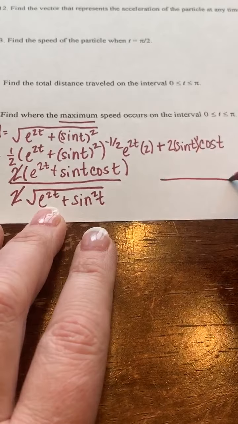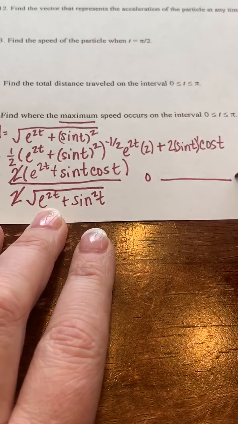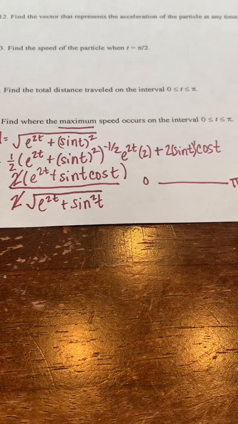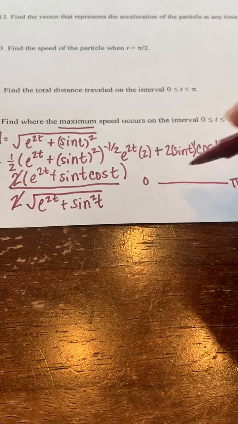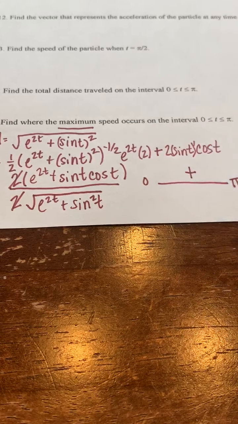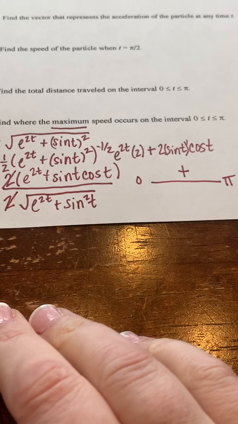So if I make a sign chart, here is 0 and here is pi. When I plugged this into my calculator and saw that the entire thing lied above the x-axis, there was no x-intercept, which meant there was no critical point, so it was positive. What does the derivative tell me about the original function?